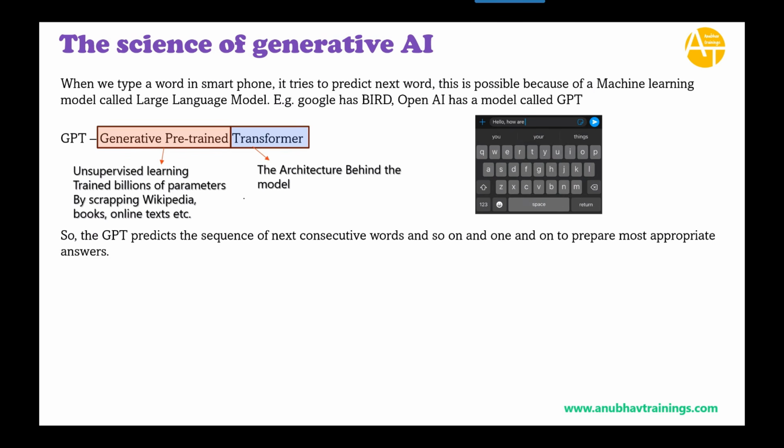But what GPT does is even more powerful. It can predict one word, then the next word, and the next word, and the next word, and it will creatively predict the entire sentence and the phrase and eventually the entire paragraph. So this is what the GPT model actually can do.